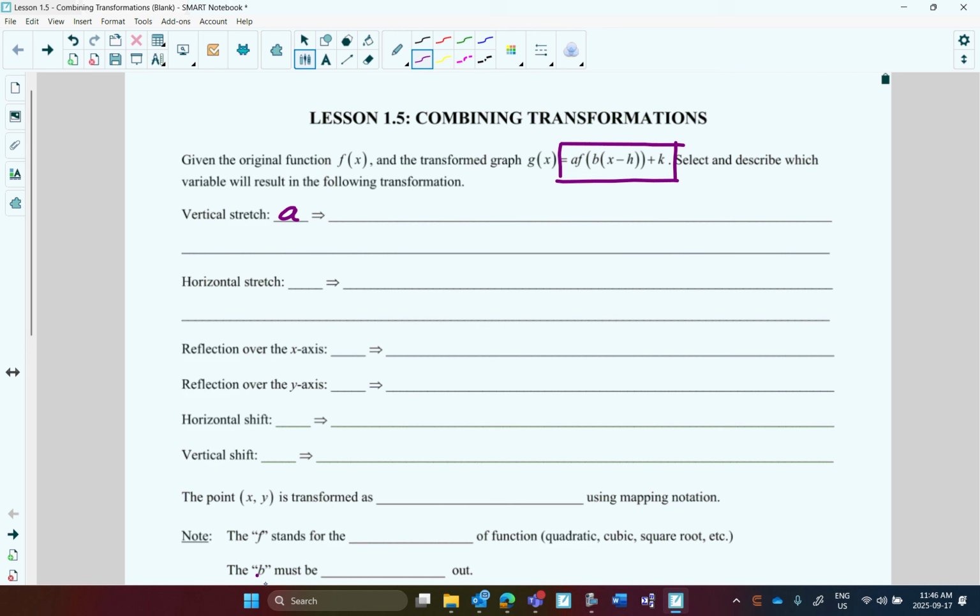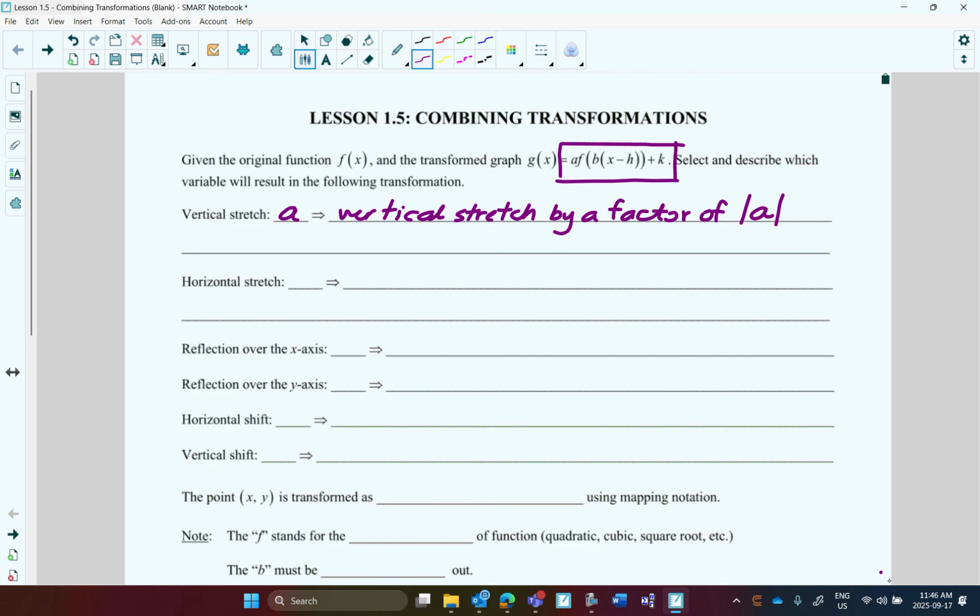And remember, that's a vertical stretch by the factor of A. We take out the negative when we talk about stretching.